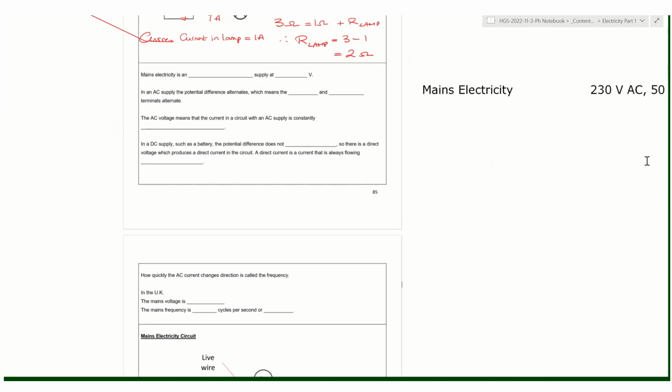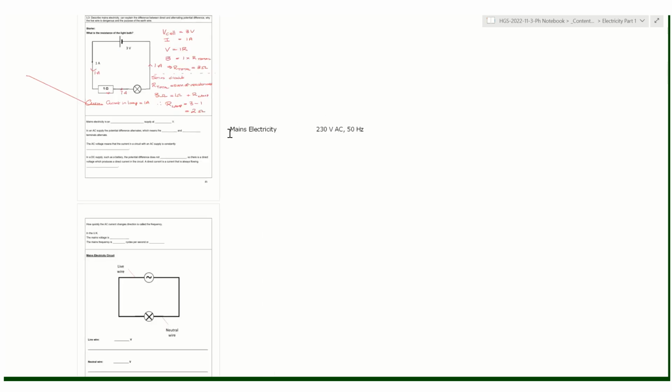So here we have mains electricity, it looks like this. So instead of being just one single value, for example 3 volts, it starts at 0, it goes up to a value, then it goes down to another value, and keeps going up and down like this.